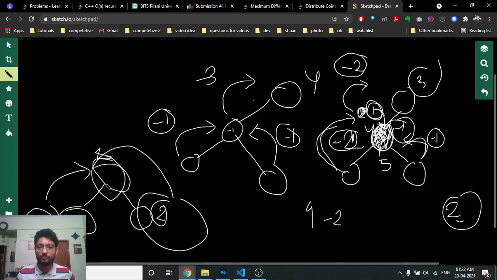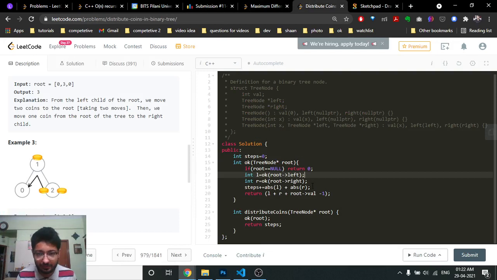So 2 moves are required to bring them out here, and then I have to take 3 steps to bring these coins down to these points, because now these coins are here, so I have to distribute here. I hope you understand. So it means that I have to find the absolute value, the value coming from the left and right side, because that will give me how many excess or deficient coins I have, and the excess and deficient coins are distributed among them. And that's the logic for this part.